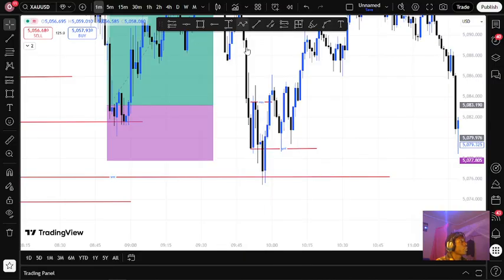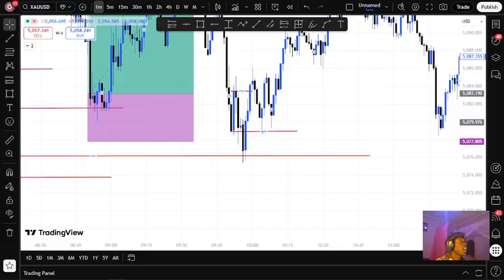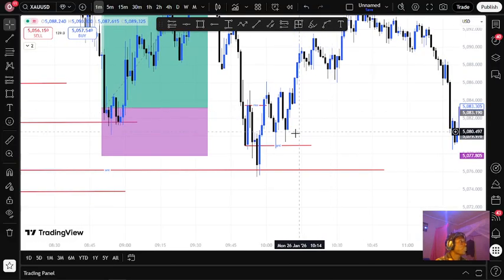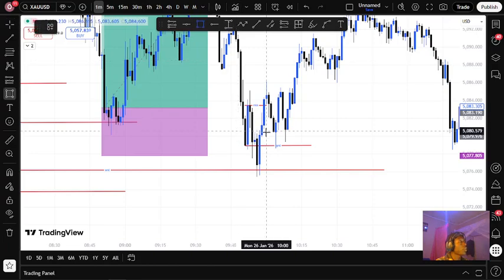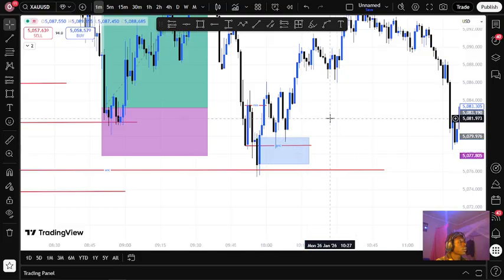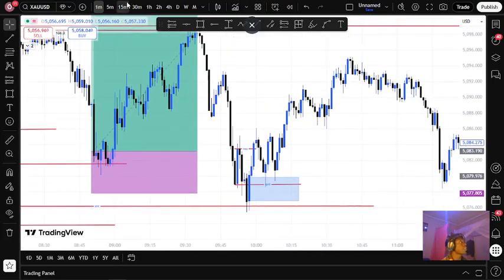So I came back to the bar chart, and you'll see that the price reacted off the Quasimodo level, leaving out the apex, or maybe it reacted off this order block zone, before pumping upwards.